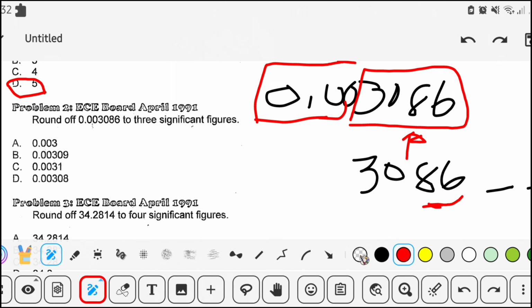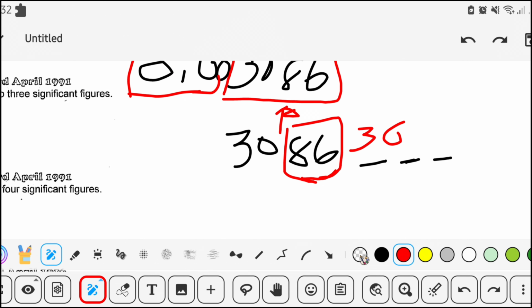We know that our answer will be 30-something, but we don't know yet if it's 308 or 309, because we have to look at the next digit first.